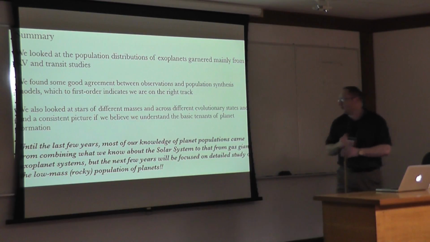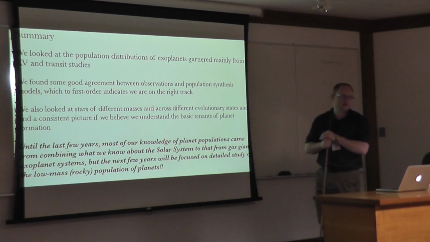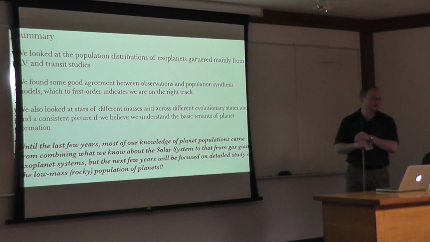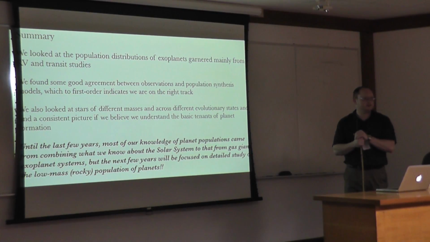It seems we've got a high population of radii from Kepler. We need to really start getting solid masses for these things, and we want to do it around nearby stars. If we could do it for Kepler stars, fine. We've got a lot of them, but we're going to have to do it around nearby stars. That's just, if we're using radial velocities, the way we get the signal to noise to do it. So I'll leave it there and take any questions.